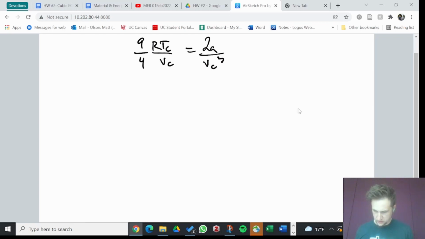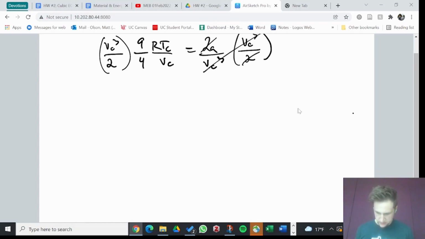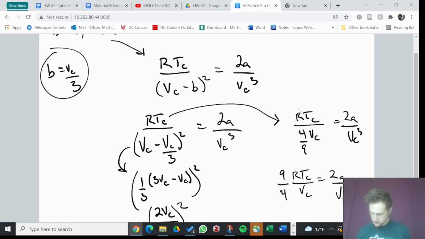Okay, so now let's just multiply this and that by both sides. There we go. That will cancel out, that will cancel out, leaving us with VC squared on top. Is that right? Did I miss something? Oh, VC squared.